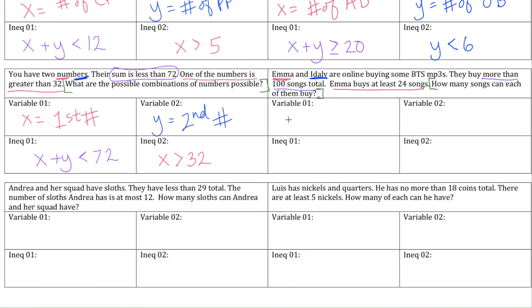Cool. So X is the number of songs that Emma buys, and Y can be the number of songs Idali buys.